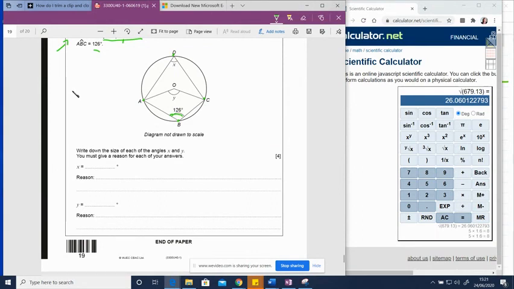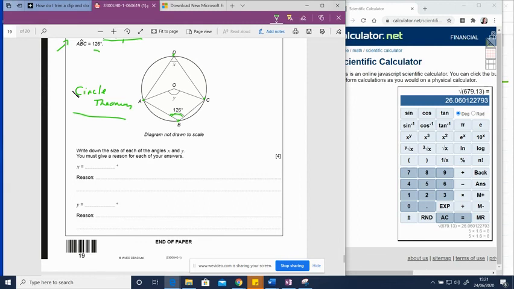Now angle x is opposite the 126, and it just so happens, using the circle theorem, which you have to learn if you want to get these questions right, opposite angles in a cyclic quadrilateral add to 180.